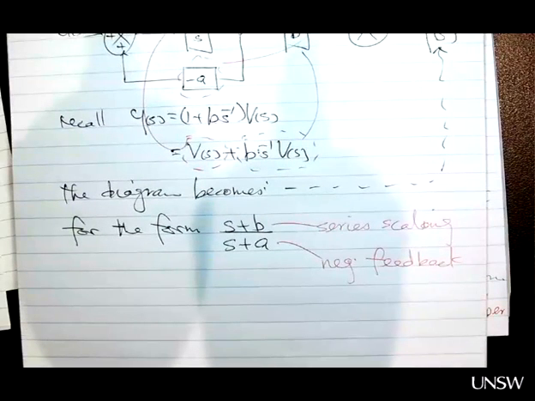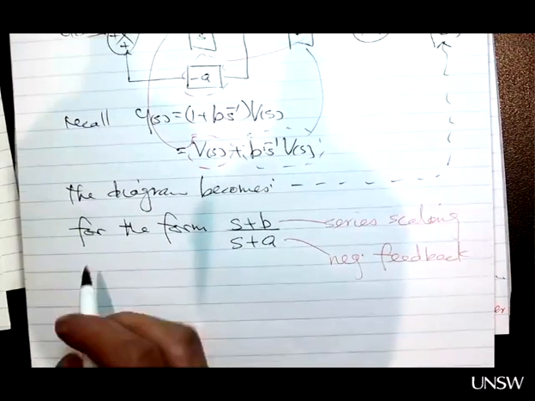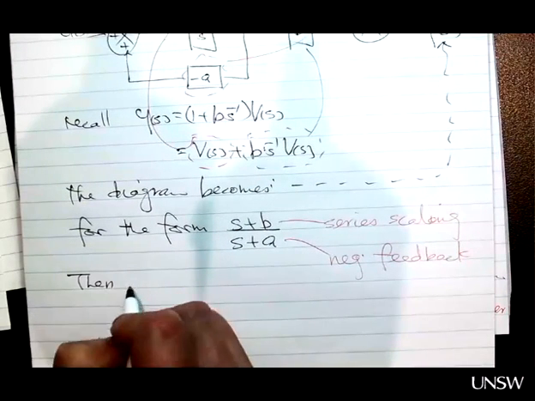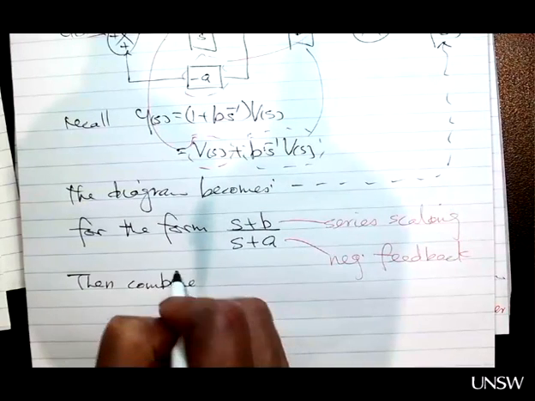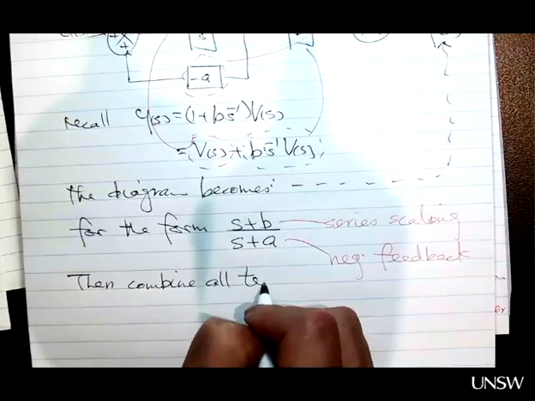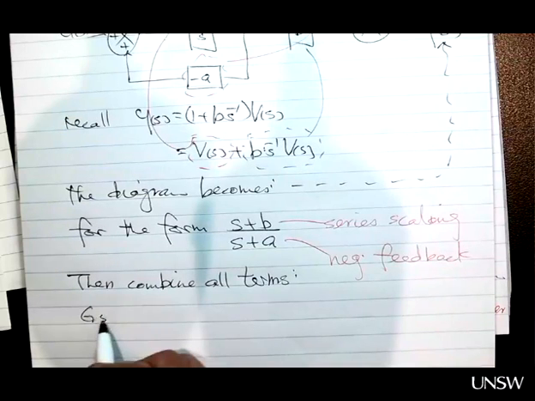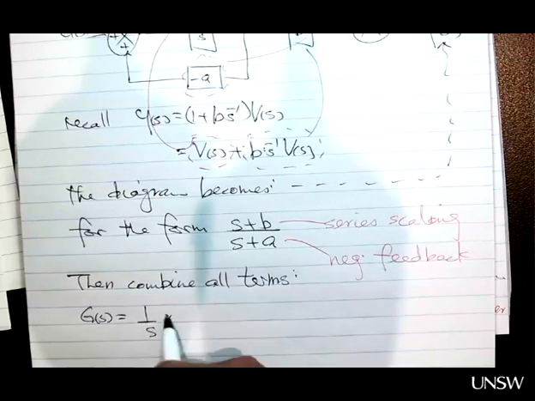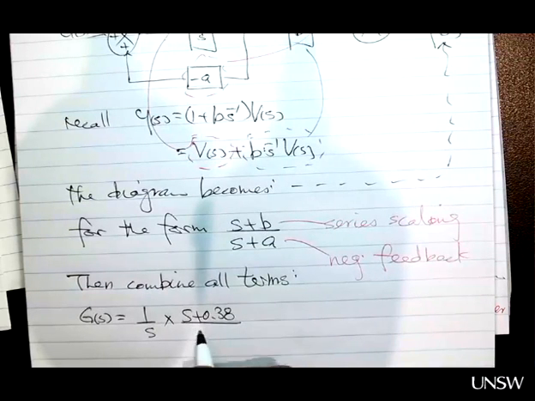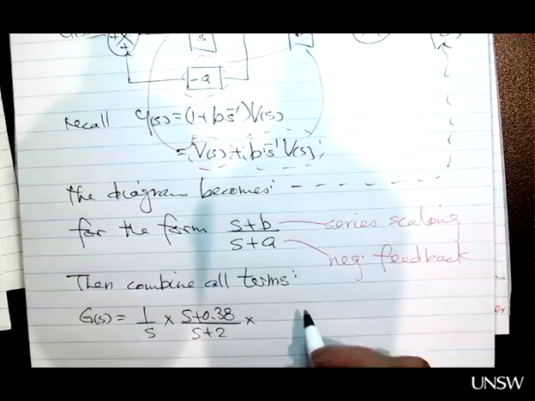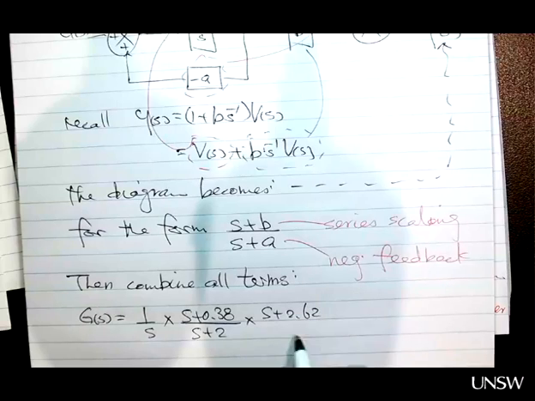Then combine all terms. Combine all terms, the transfer function is 1 over s plus 0.38, s plus 2.62, s plus 4, multiplied by s plus 2.